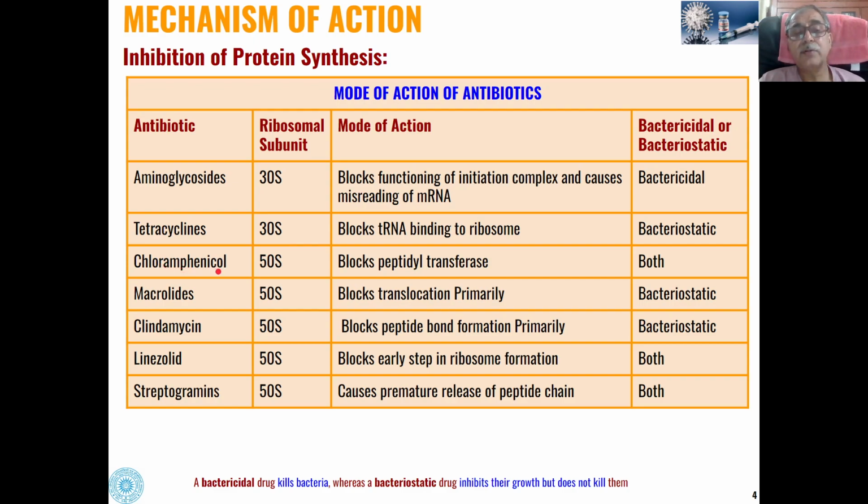Then chloramphenicol and the other categories of antibacterial agents will affect the larger subunit: chloramphenicol, macrolides, clindamycin, linezolid, streptogramins. All of them will act on the larger subunit, and they will block either peptidyl transferase, translocation, peptide bond formation, an early step in ribosome formation, or premature release of the peptide chain.